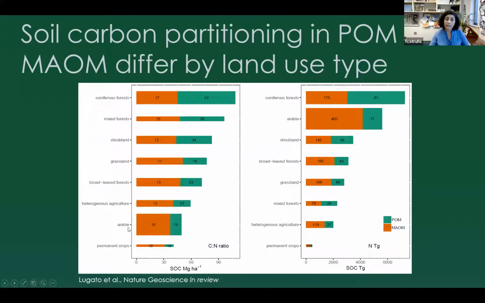On the contrary, arable soils have the lowest amount of carbon, but the majority of it is in mineral-associated organic matter, again showing how that is the most persistent fraction, the one that also persists through disturbance.